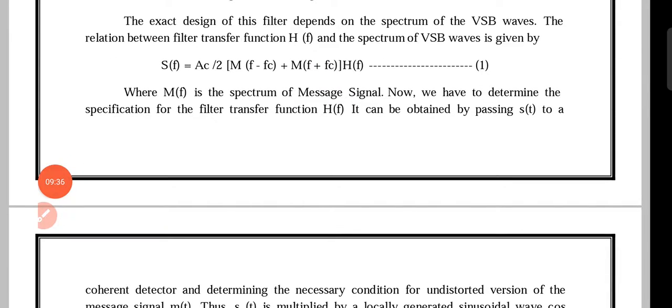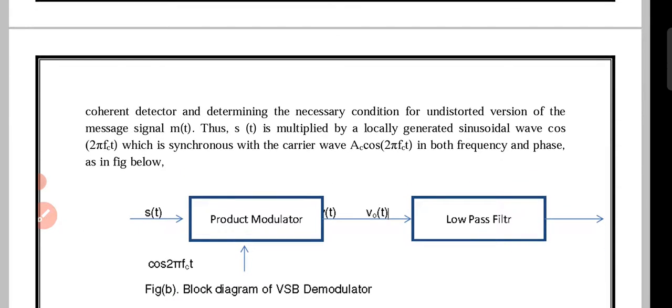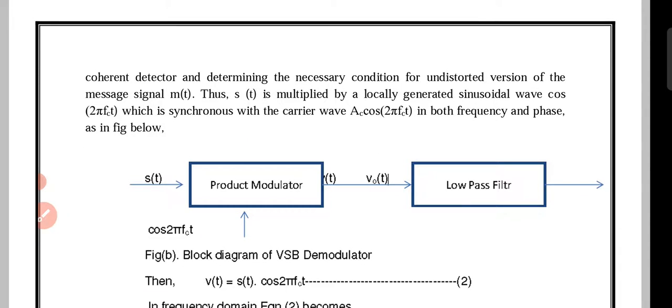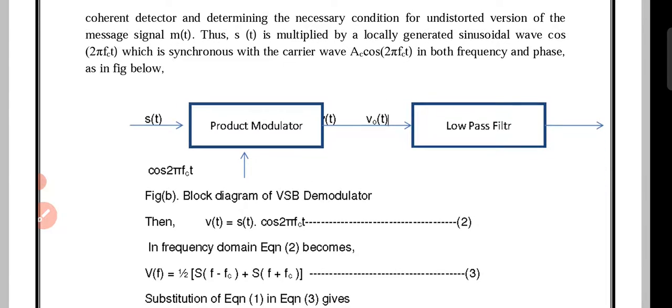Here we observe the vestigial sideband modulated wave is fed to the receiver. For detection purposes we use a coherent detector. The signal S of t is fed again to a product modulator, whose carrier is supplied by a local oscillator.